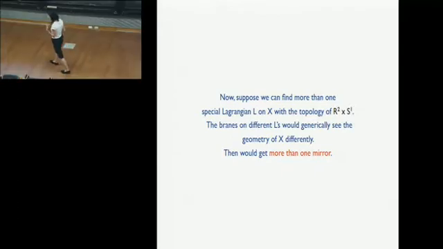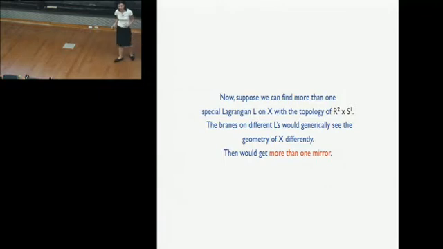Now, suppose that you can find more than one mirror brane, so more than one Lagrangian brane of topology R2 times S1. Then these different branes would generically see the geometry of the manifold we started with differently.